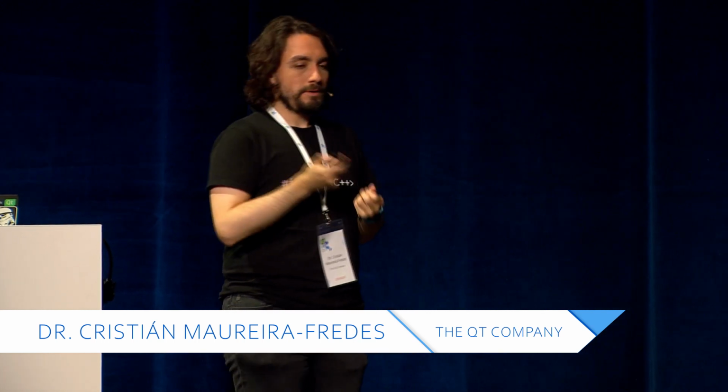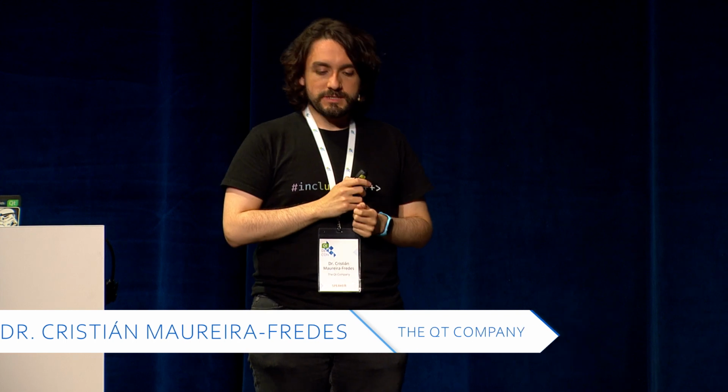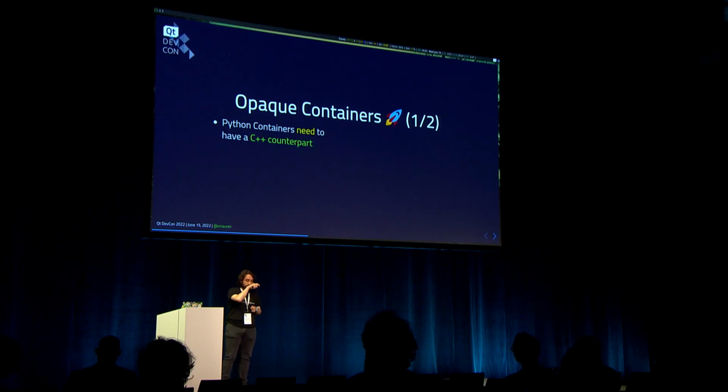So we decided to explore new options for this, and we decided to put into practice this opaque container. It's not a new idea. It's something that another tool also implements, called PyBind11. Maybe you have heard about it. If not, I recommend you go to the Qt Dev YouTube channel. We had a nice discussion there about PyBind11 and Shiboken, which is the generator that we use, so check it out.